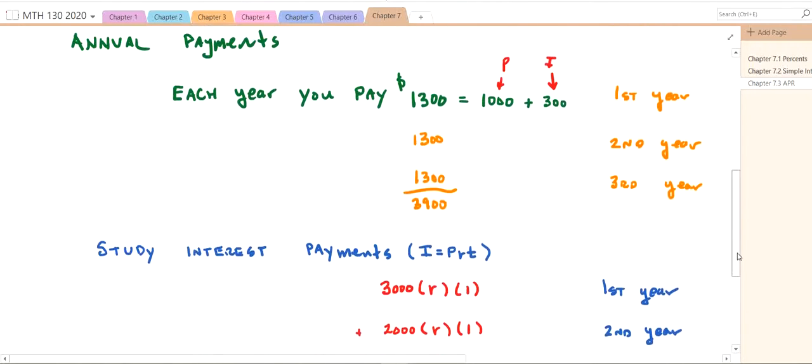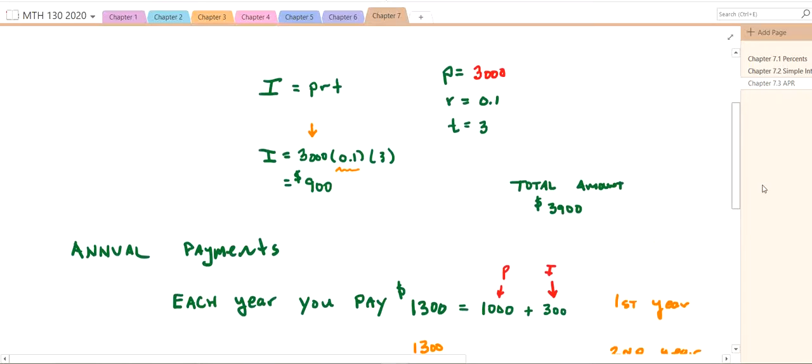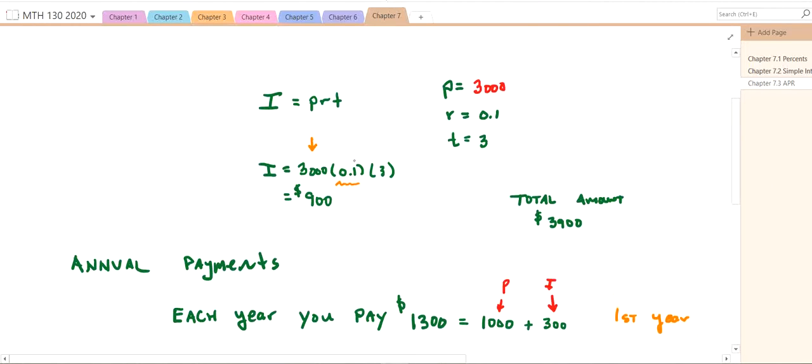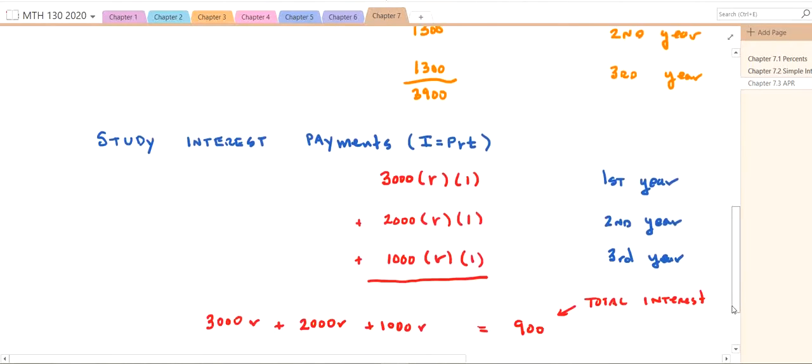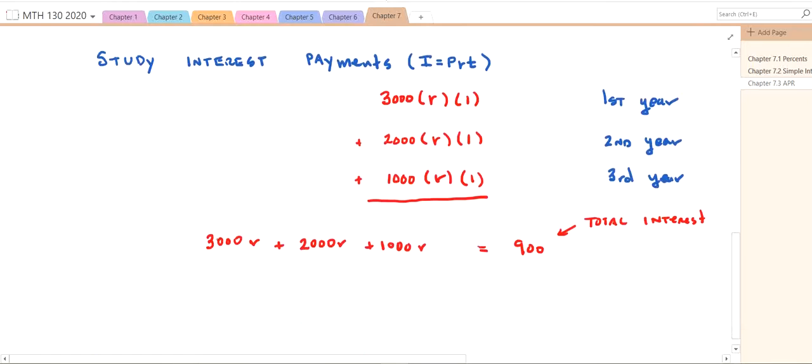So the person who set up this loan with you is telling you that they are charging you an interest rate of 10%, but actually, since you're paying off part of the principal, we can calculate what your interest rate is.